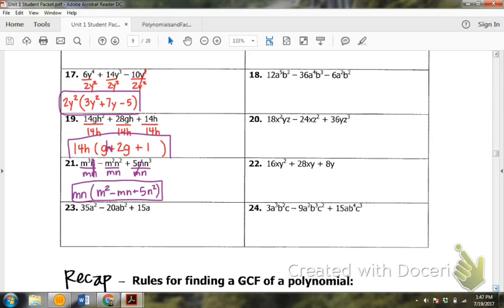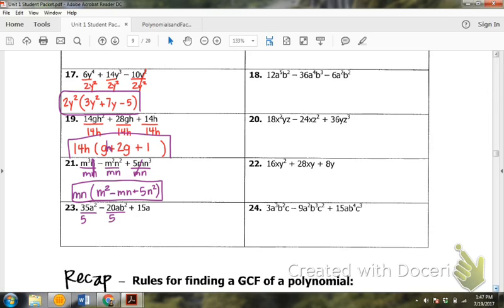Okay, last example. Do number 23, please. These all got 5 in common. They do. Okay, Olivia, what's the biggest number you can pull out of all of them? 5.